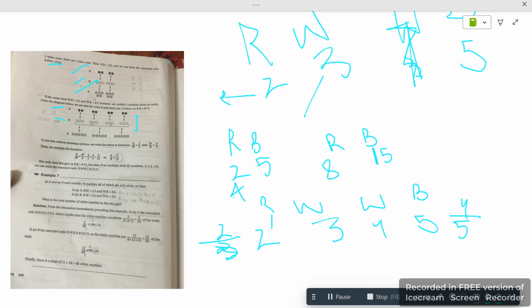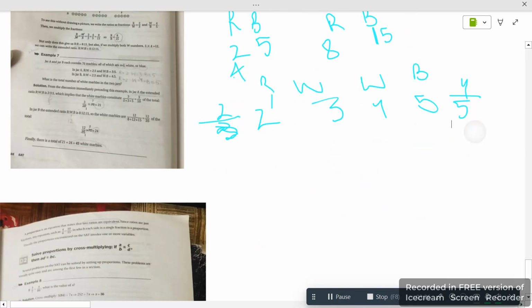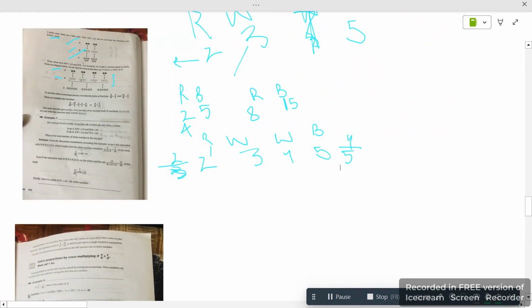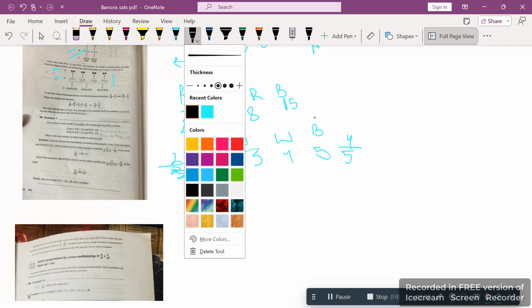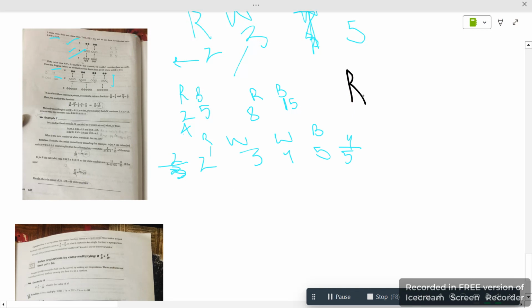This should be clear till here. Then they are asking what is the ratio of red and blue, because red and blue are not given. So let's get started. Red and blue we have to find. What we will do, we'll just take the value which we have, 2 upon 3, which is the ratio of red and white.